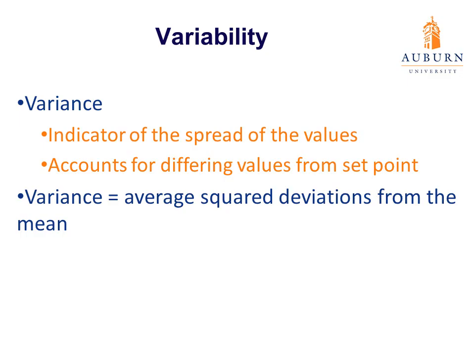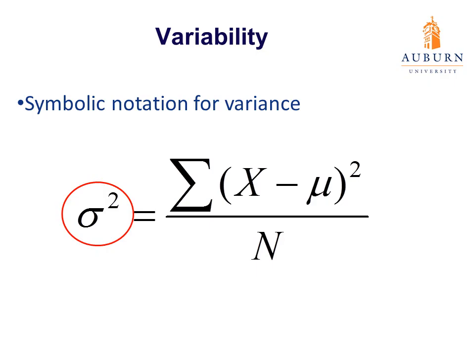There are a lot of words there, but that actually is the formula, and we'll have symbols for it in a second. But the variance is the average squared deviations from the mean. So when we get a number for variance, it's telling us the average difference from the mean in squared units. So here is the formula for variance.